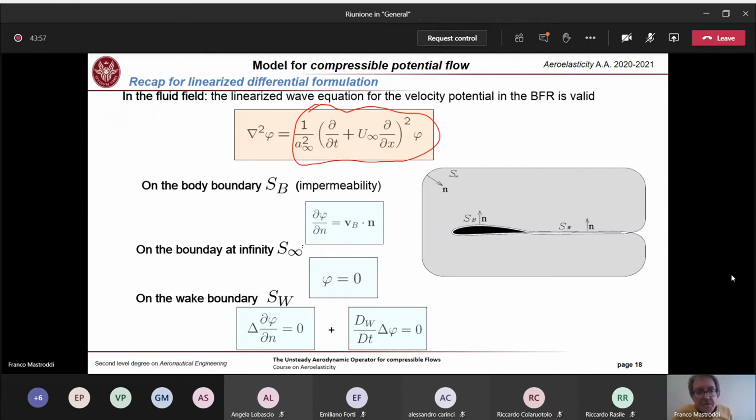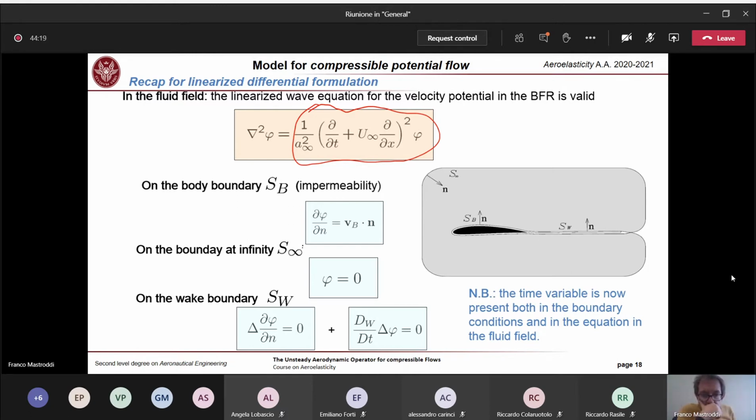And I have to organize myself for having, again, an integral formulation. How can we do for obtaining, again, an integral formulation? Again, note that as novelty, we have time variable also present in the equation of motion, not only in the boundary condition.